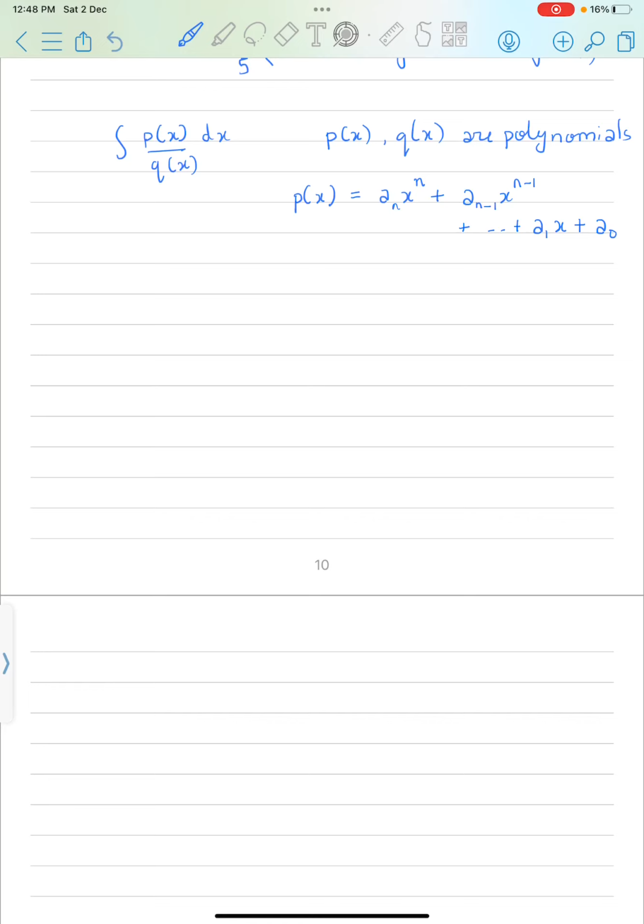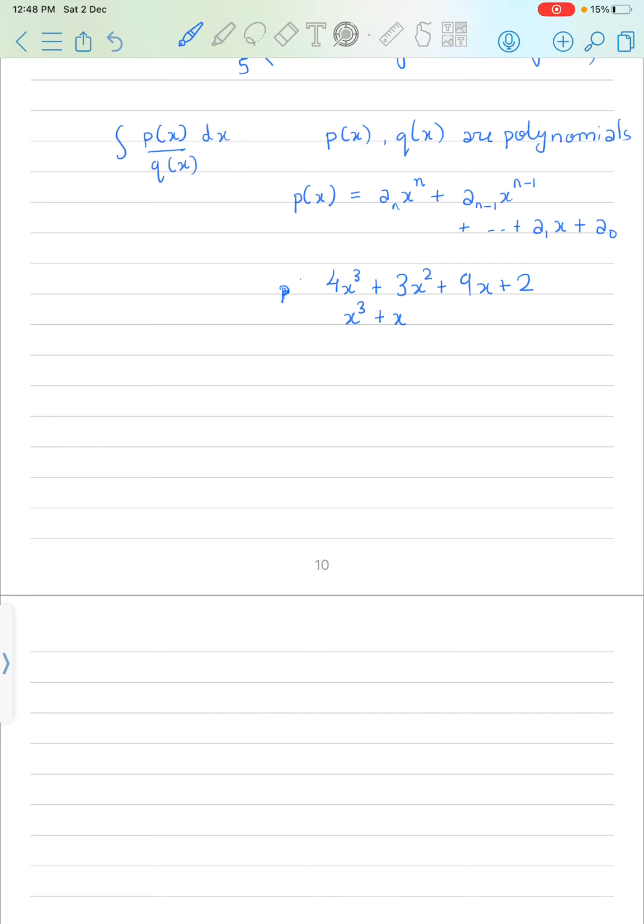So some example would be, let's say, 4x cube plus 3x square plus 9x plus 2. This is a polynomial, and you can take a different example too, like x cube plus x. This is also a polynomial.